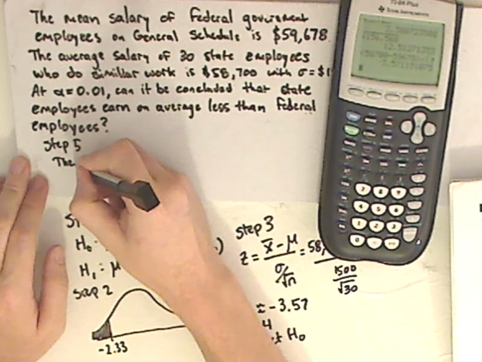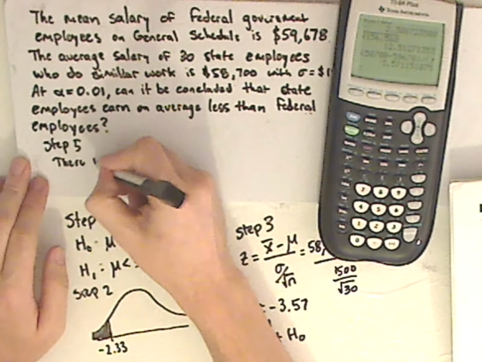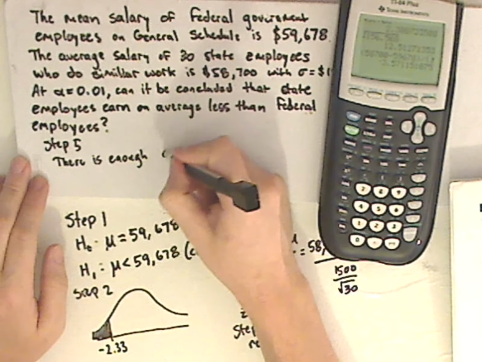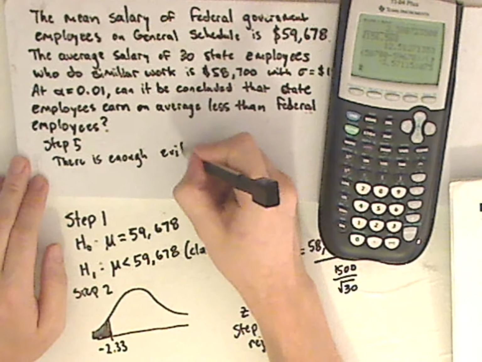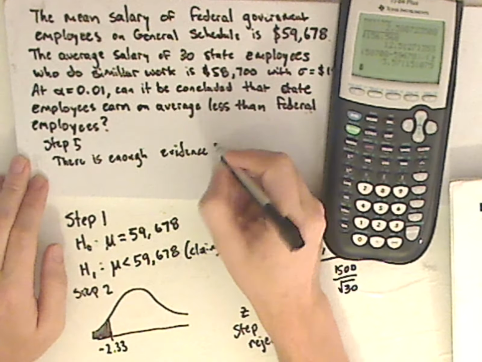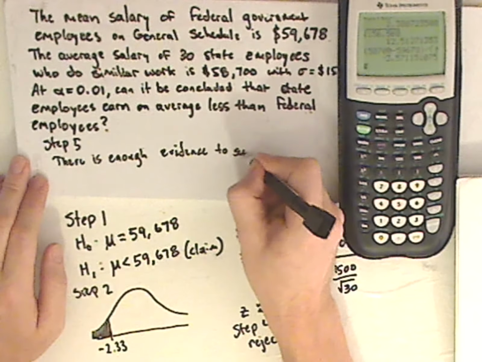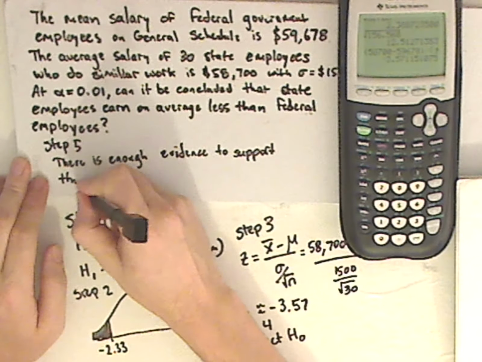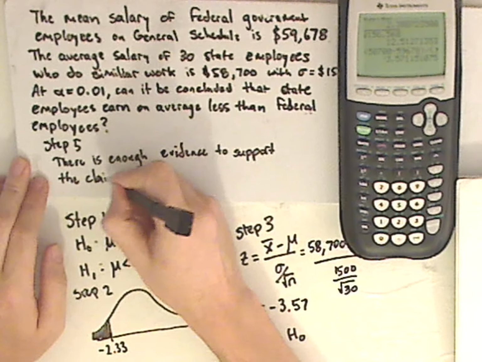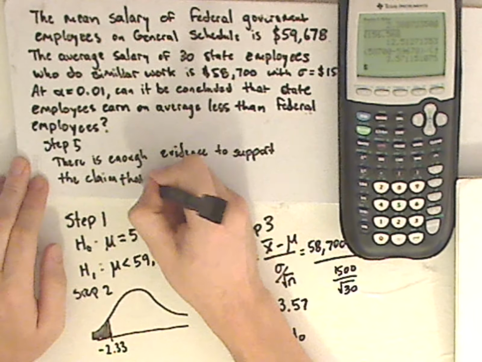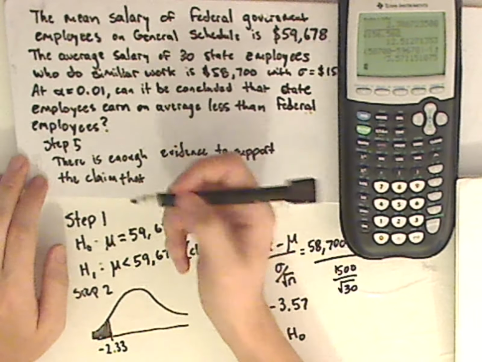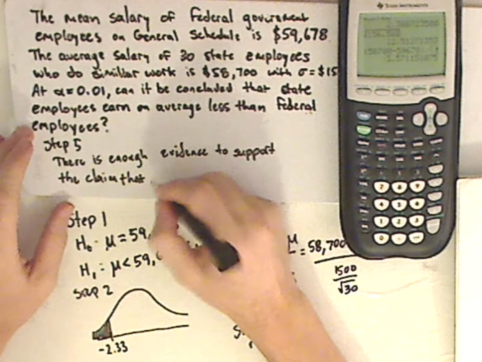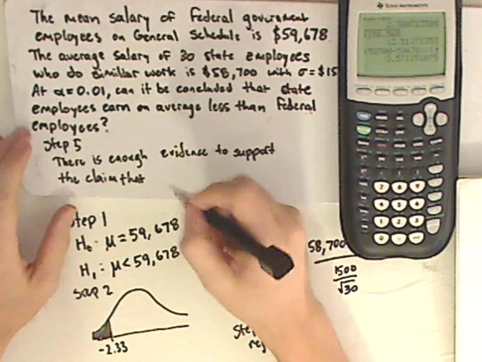There is enough evidence to support the claim that, and you restate the claim, whatever the claim is. So here, state employees earn on average less than federal employees.